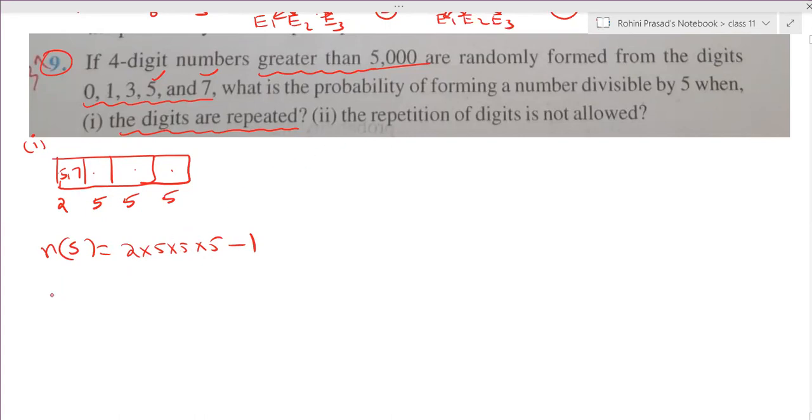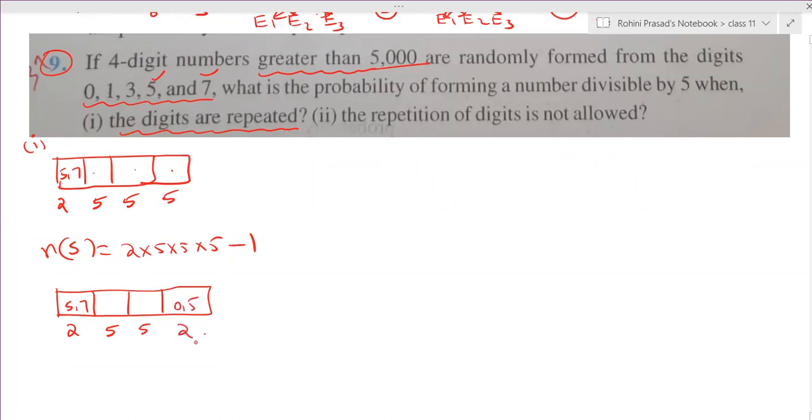Now, the number of cases where it is divisible by 5 you need to calculate. Again, this is 5 and 7, 2 possibilities. And again, this is 5 possibilities, this is 5 possibilities. Because it should be divisible by 5, the last place should be filled with either 0 or 5.